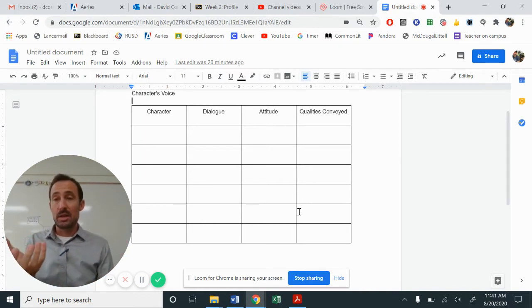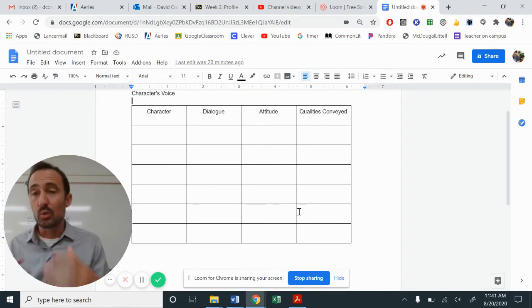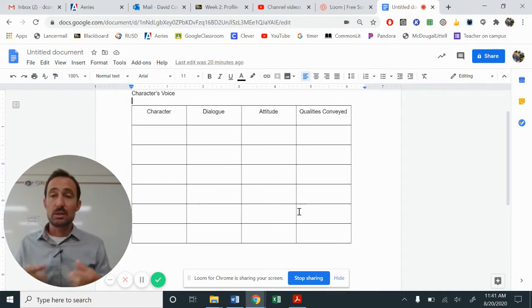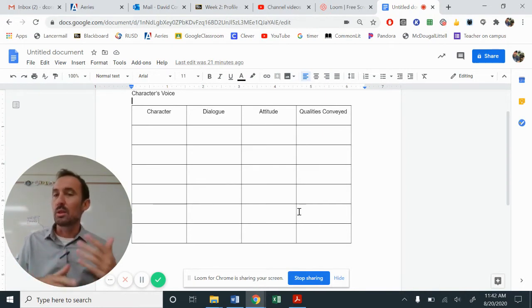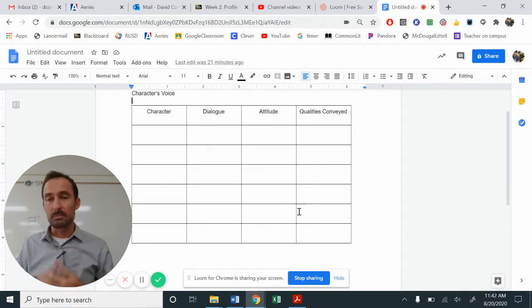So Hagrid in Harry Potter sounds very distinct and purposeful compared to, let's say, Hermione or Snape or Dumbledore. You understand that each one talks differently. They have a unique voice, just like you have a unique voice, and you may say certain things or have inflections that go along with your attitude and with your character as a person.